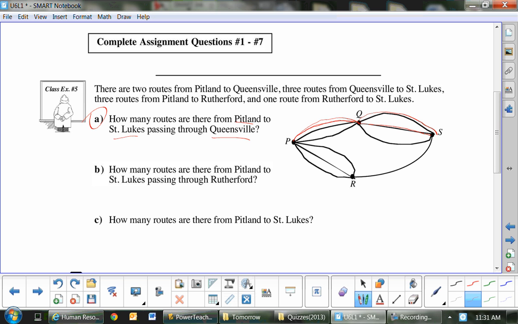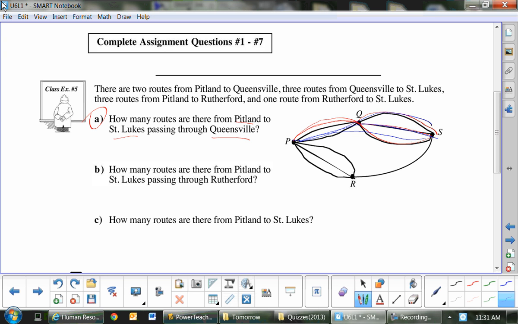And the next one, see, there's 3 ways to get there using the first path and then the next 3. So there's 3 possible ways to get from P to S using the first route, and then 1, 2, 3.